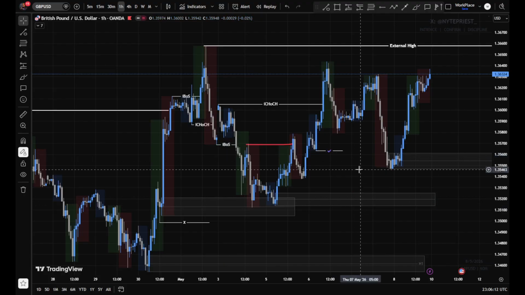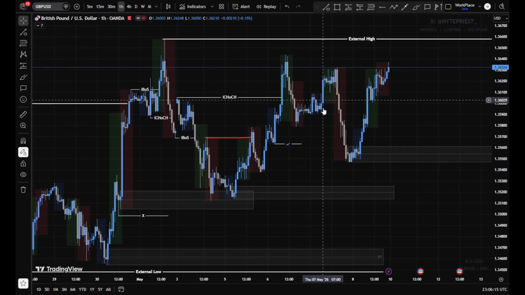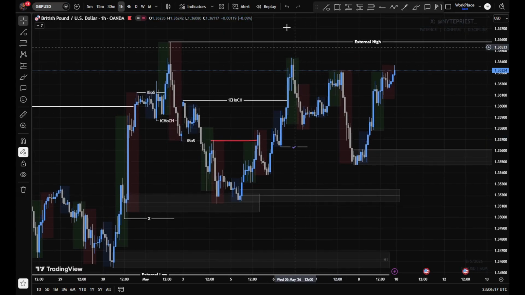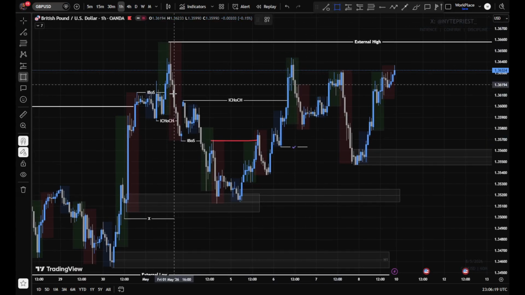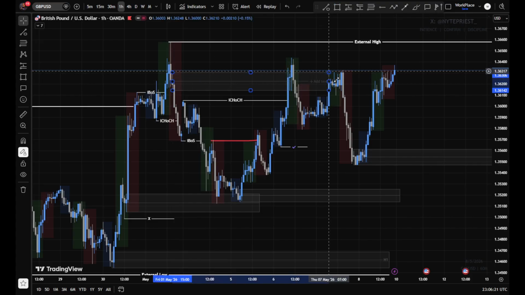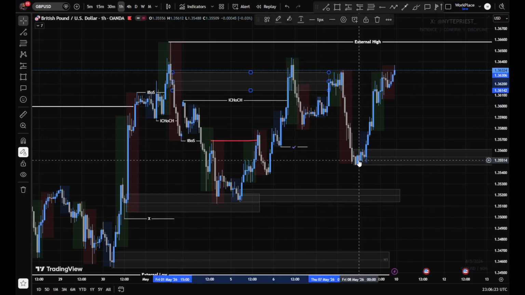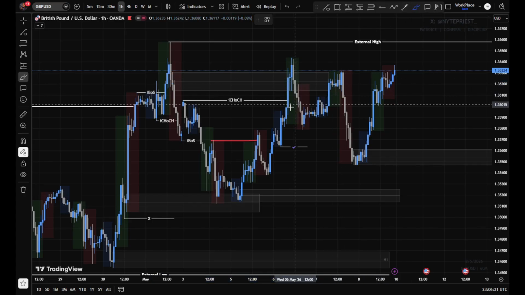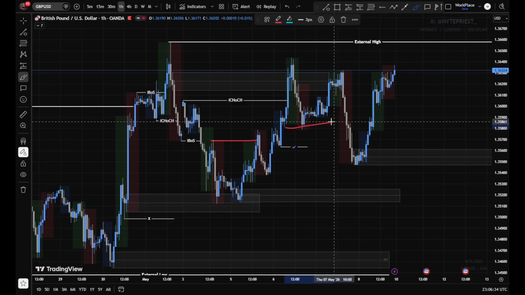So as you can see, this supply zone caused a reaction to the downside. Okay. So after that reaction to the downside, as you can see, we had a break of structure to the downside here.